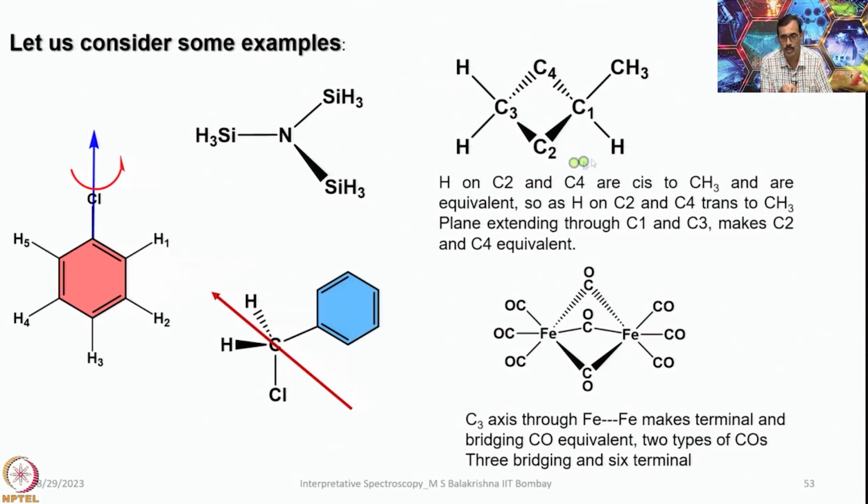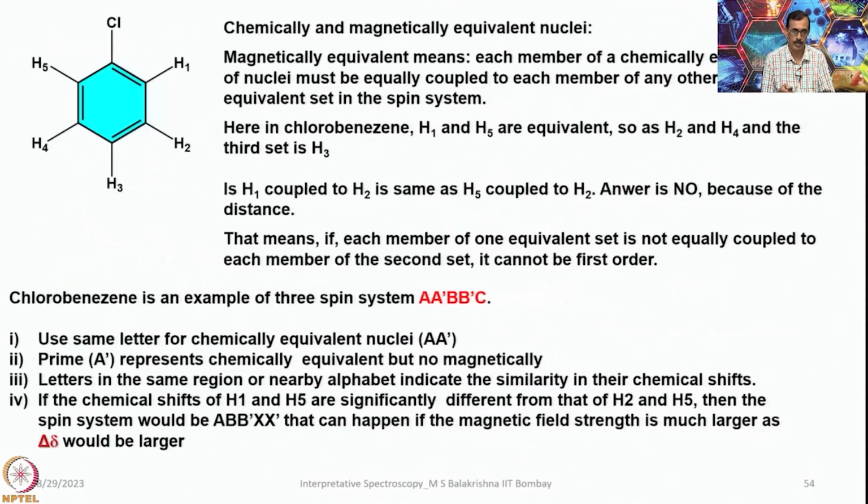Similarly, if you look at Fe2(CO)9 here, with the axis through the Fe-Fe bond, terminal and bridging are equivalent: these three are equivalent, and these three are equivalent. This is how we can identify whether some symmetry operation makes them indistinguishable.